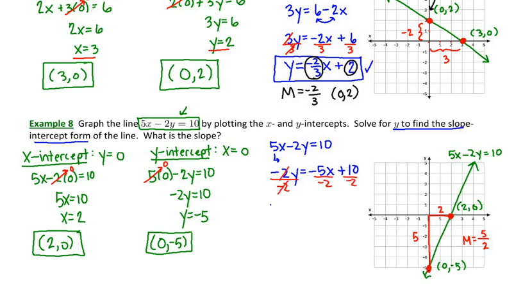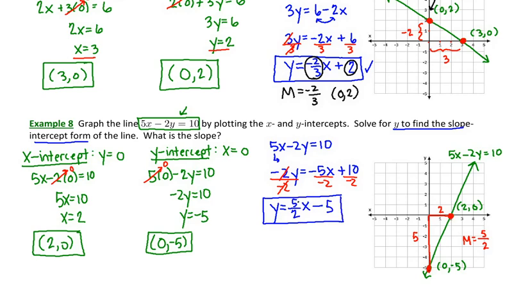This isolates y, and we can write that negative 5x over 2 as, and I'm observing here negative divided by negative is positive, so we call it 5 halves x, and 10 divided by negative 2 is negative 5. So there's our slope-intercept form.